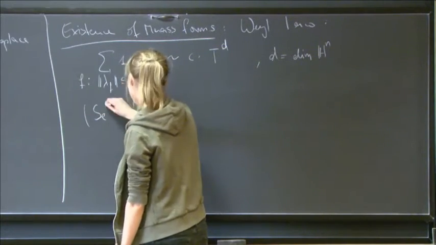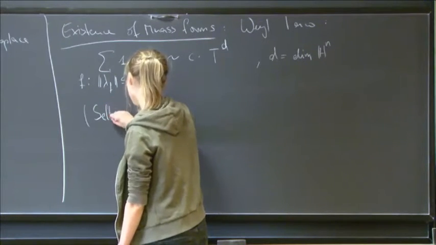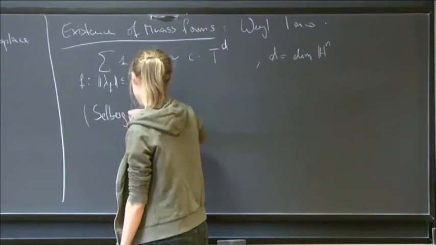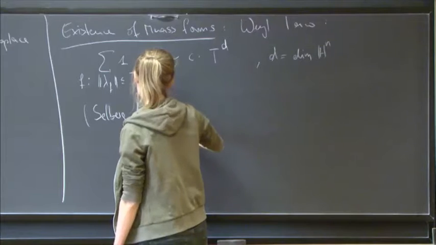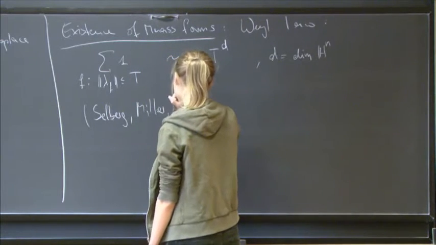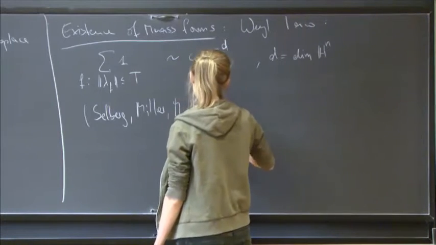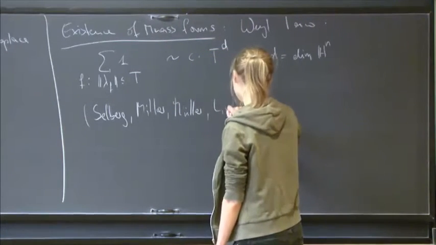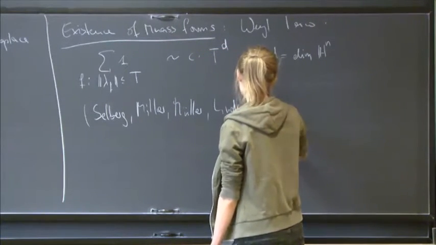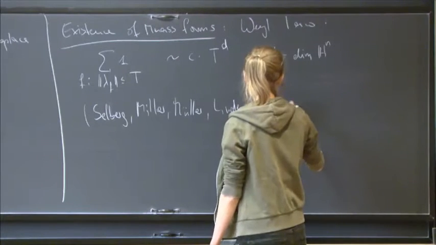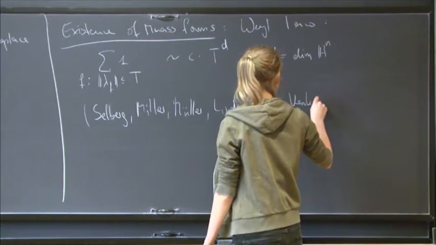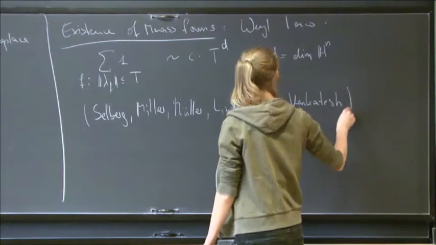For n equals 2, this is a classical result due to Selberg. For n equals 3, this was proved by Miller. And for general n by Müller and also Lindenstrauss and Venkatesh, who did this in more generality.